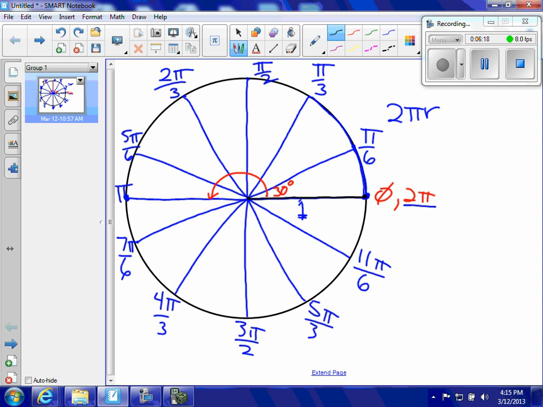Well, I know that if I go from here and I go all the way around the circle, I hope you can see me drawing this, we've already determined that that is a distance of 2 pi r. Well, r is my length of my radius. That is a radian. So to go all the way around the circle is 2 pi radians.